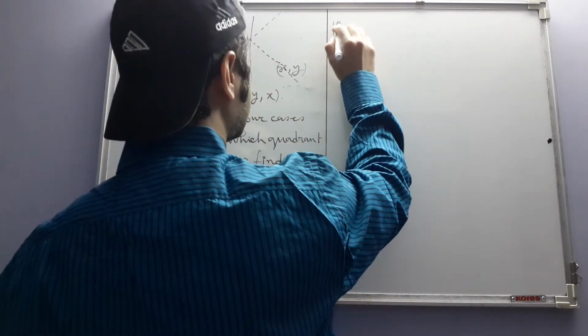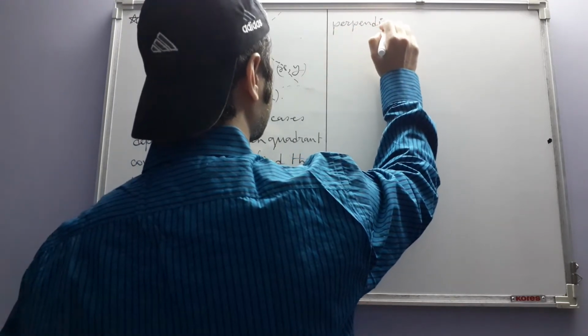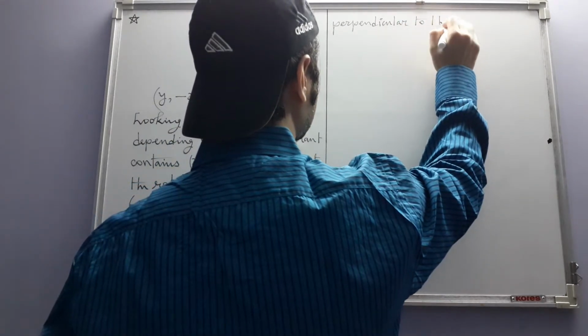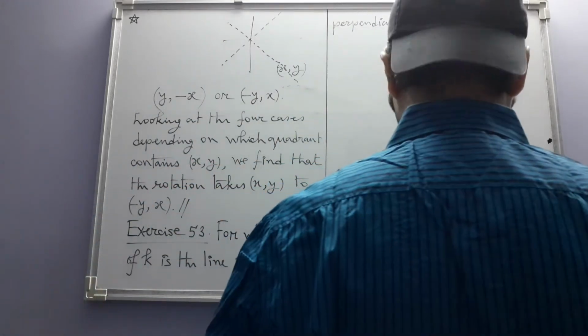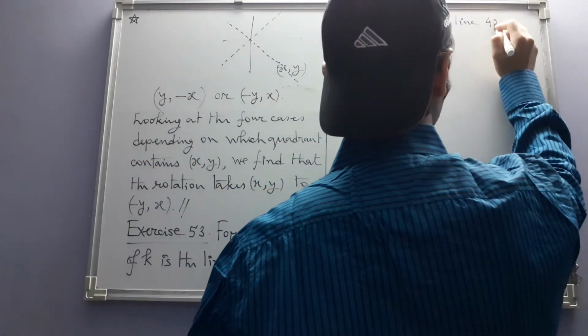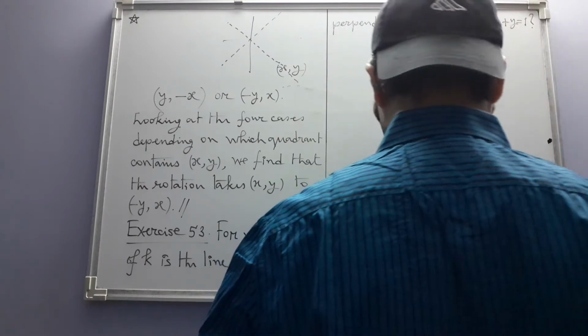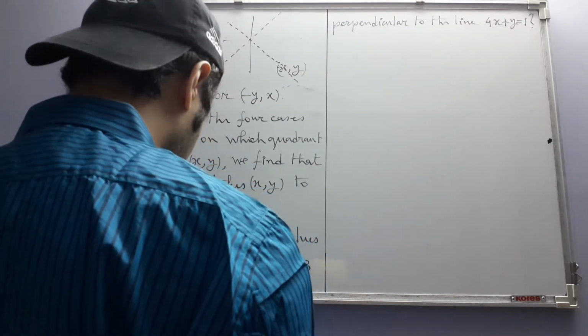perpendicular to the line 4x plus y equal to 1. So that is 1/2. For what values of k are the lines parallel?